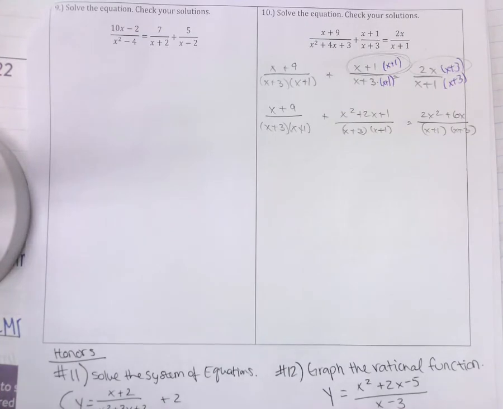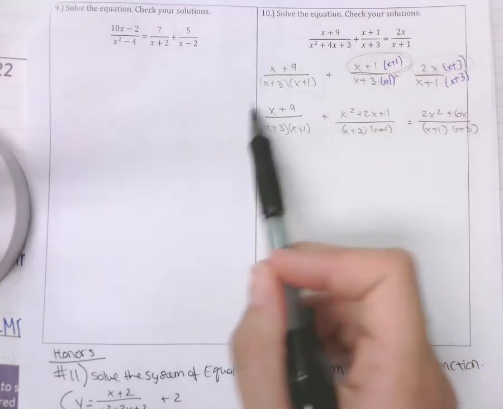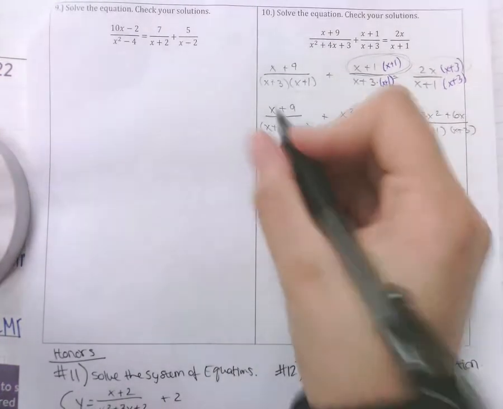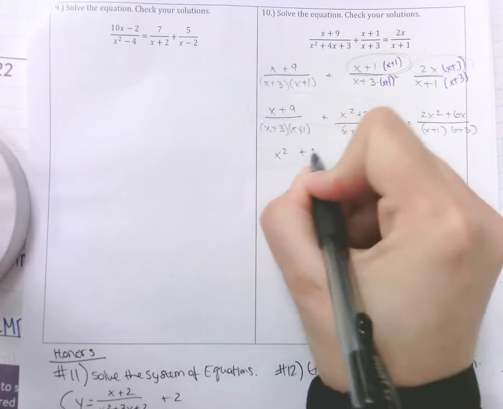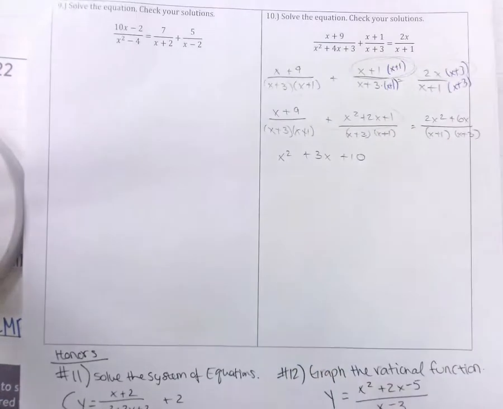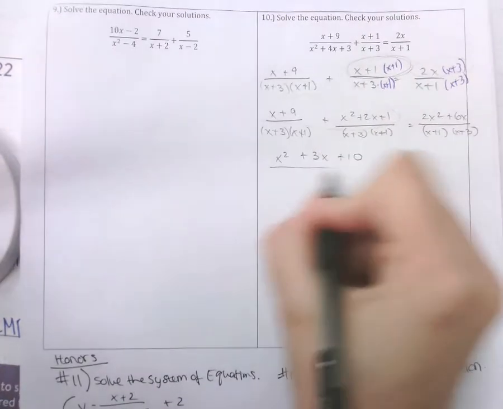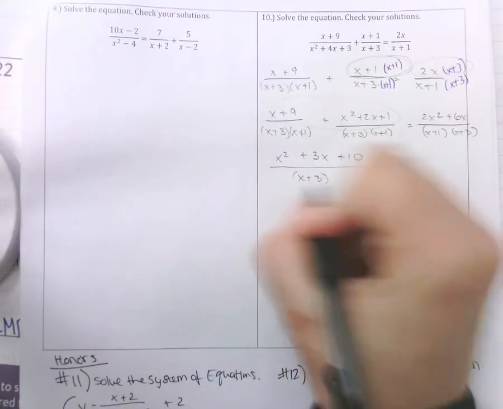Now remember, the whole point of finding a common denominator is so you can add the numerators. So that's what we do. We add these numerators and we get x squared plus 3x plus 10 over our common denominator.